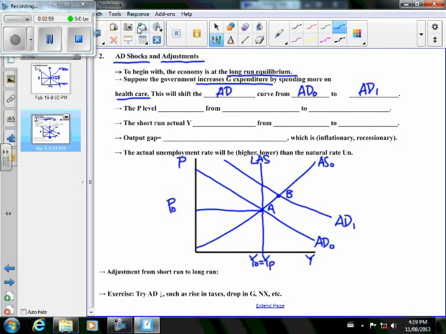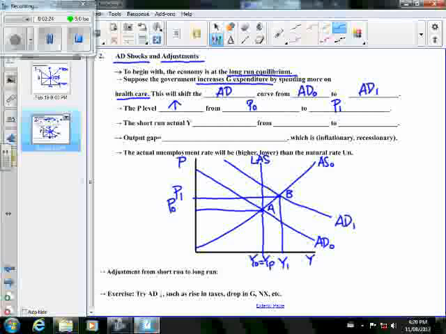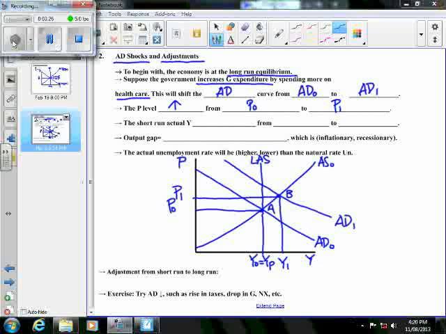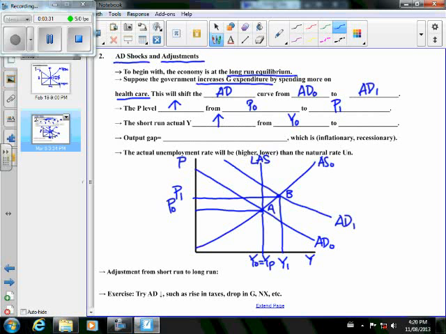And point B. Right away we can tell the price level will increase from the current P0 to P1. This is inflationary. The short-run actual GDP will go from A to B, or Y0 to Y1, which means the actual Y increases from Y0 to Y1.